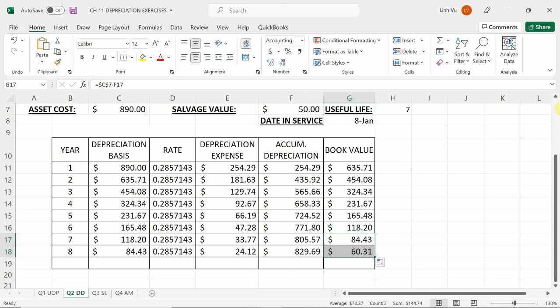So then you are down to $60.31. Now at this point, a laptop should pretty much be dead by now, especially with technology. Even if you push it for another year, again, it's up to you. Now that it's way beyond its life, would you even want that laptop around at this point?